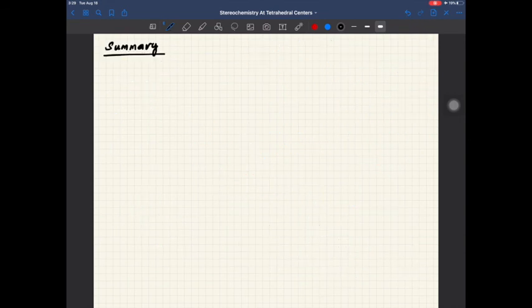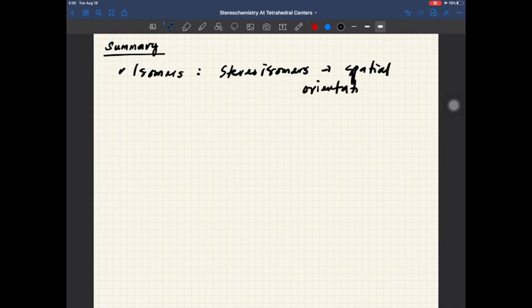As a summary of our lesson, we have learned about stereoisomerism. We have learned about the types of isomers, which are constitutional and configurational isomers. And under configurational isomers, we delved deeper on stereoisomers, which only differ in their spatial orientation for the substituents.